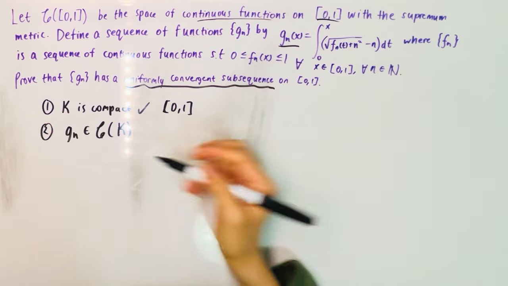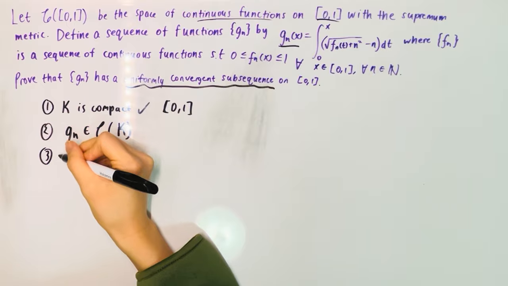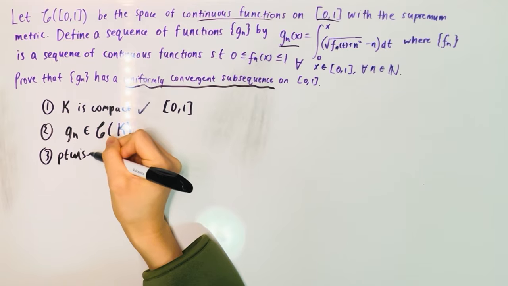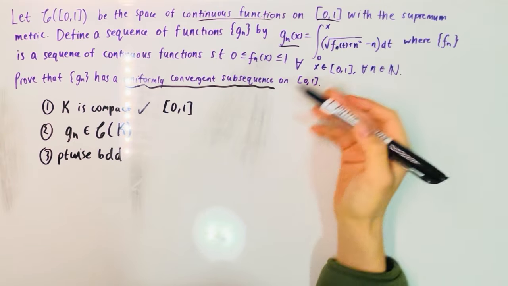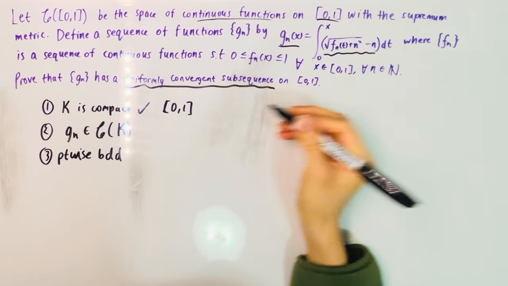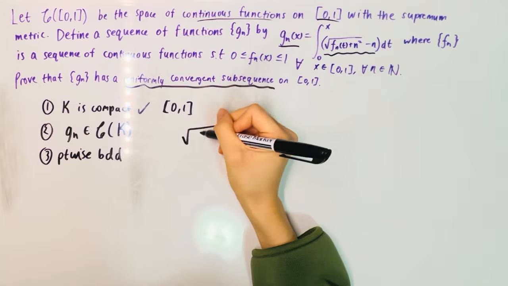Okay, now let's show that it's pointwise bounded. In order to show that, we're going to show that it's uniformly bounded. So let's look at what's inside the integral.